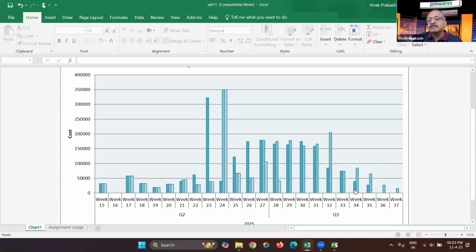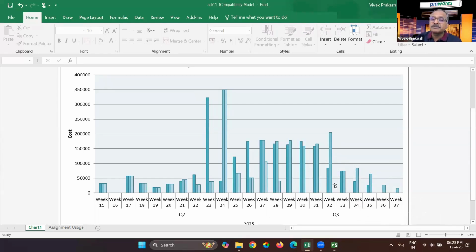You see here, in week 34 and week 35, much more than actually planned. So what is happening? The things which were scheduled here have overflowed here. So more work has come in week 34 and 35. And you see 36, 37, only one bar. That is our plan. There is no baseline. What does it mean?